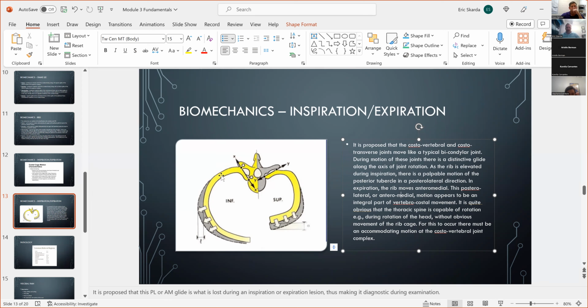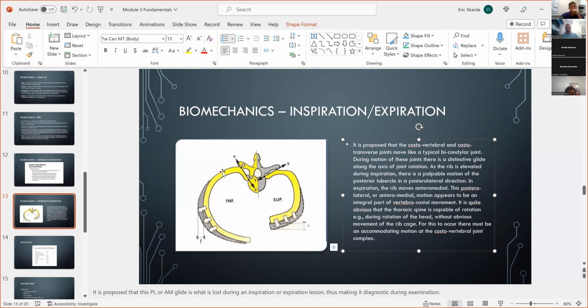So if I take a breath in, what should happen is this whole segment should expand, right? It should produce this sort of movement, which would go posterior and lateral in this vector along this line here. So that's a posterior lateral glide occurring here at that costotransverse joint.